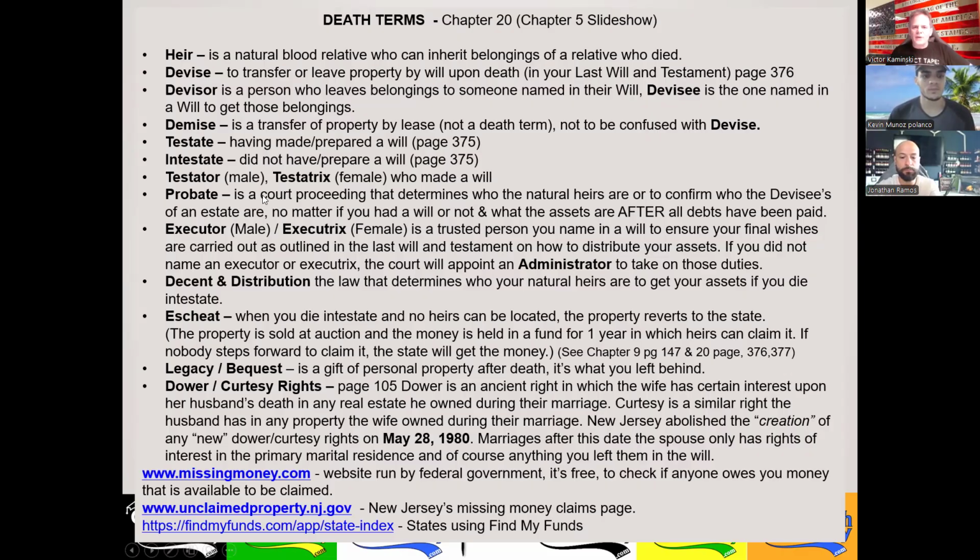The purpose of probate is to ensure that those people who are claiming to be heirs are in fact your heirs, or if the people named in the will are in fact those that were named in the will. And it's to make sure that all debts have been paid before any assets are paid out.